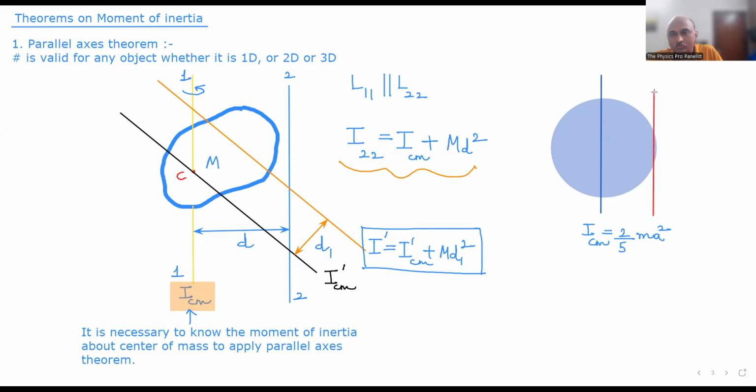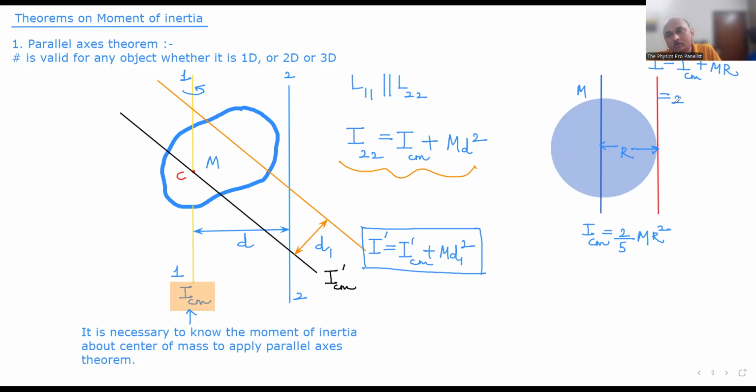Suppose you want to find moment of inertia about any of its tangent. This is I. So this length is how much? This is R. Mass is M. इसको R लिख लो और M को कैपिटल M. So I is ICM plus capital M R square.